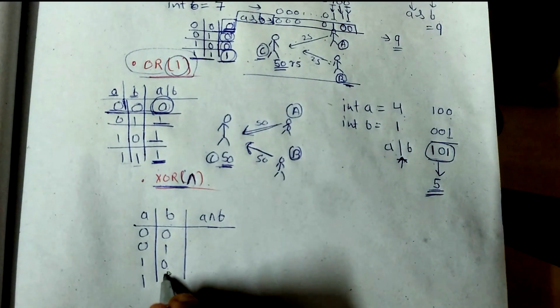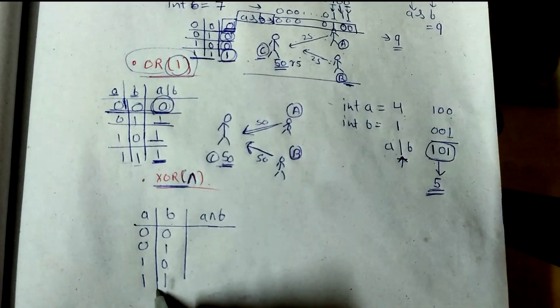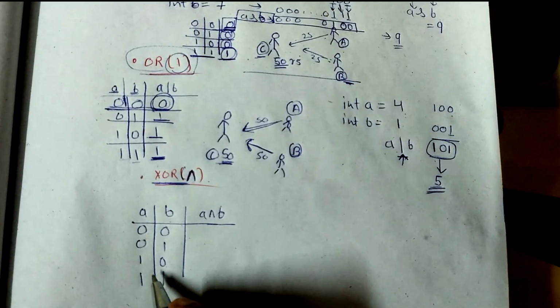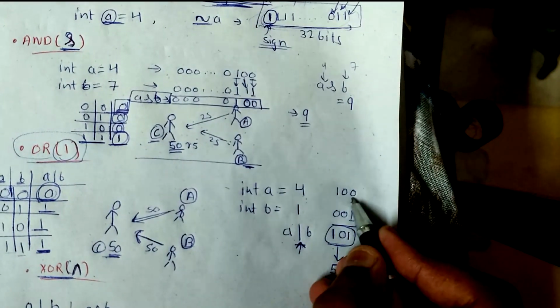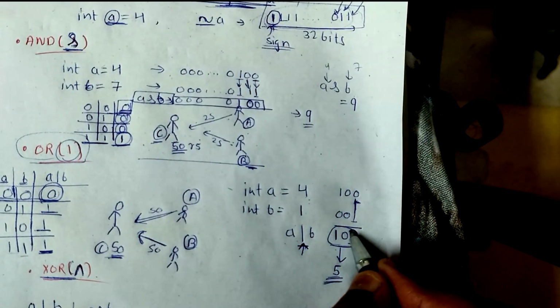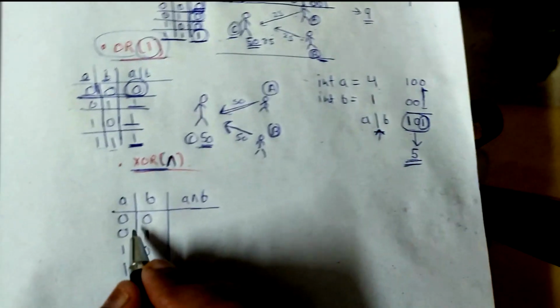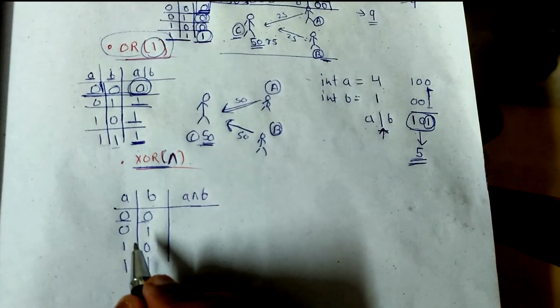So these are the four possible cases for the corresponding bits. Remember, we apply the operations on the corresponding bits to get a resultant bit. So these are those corresponding bits.